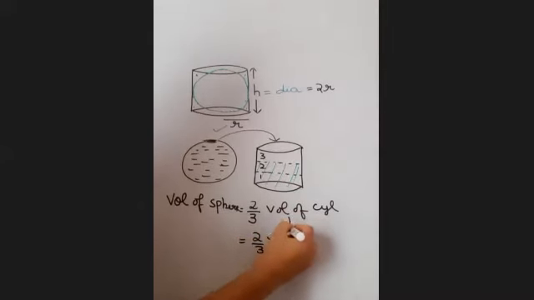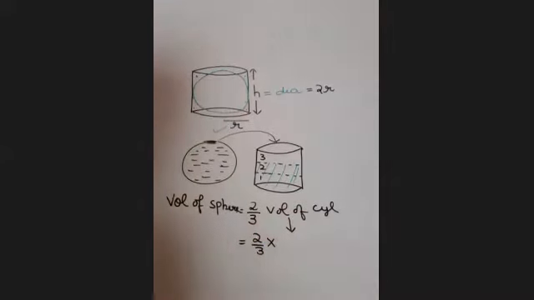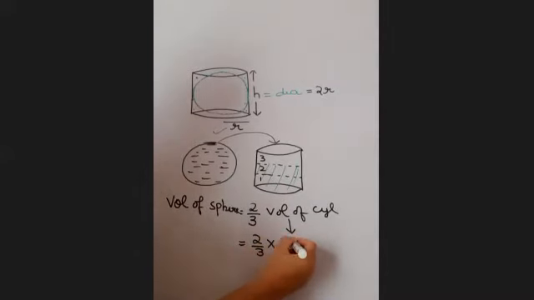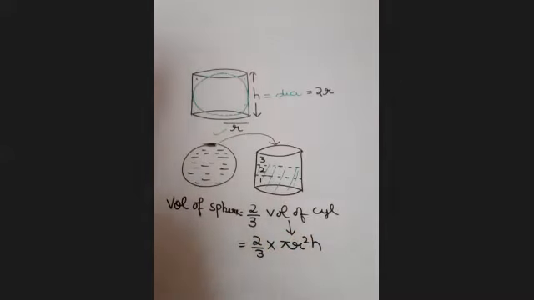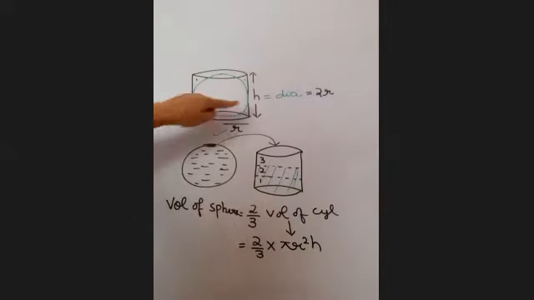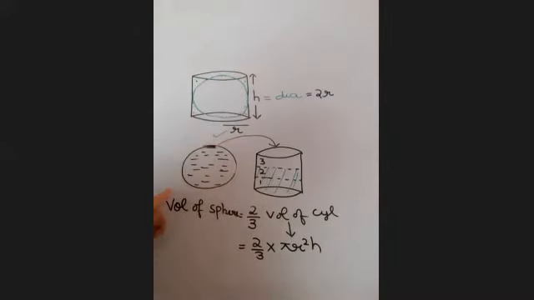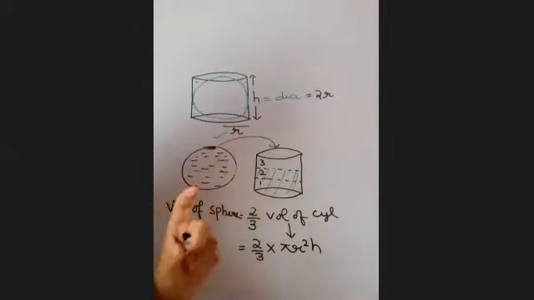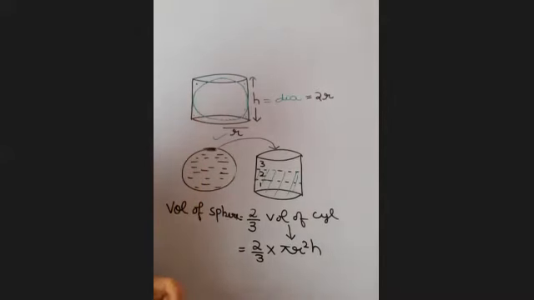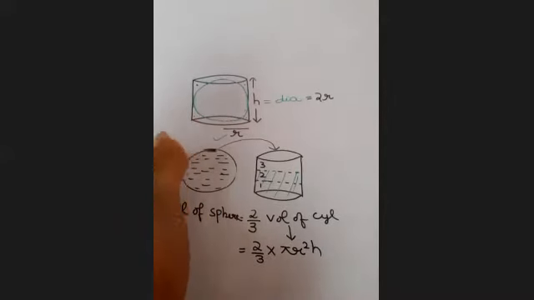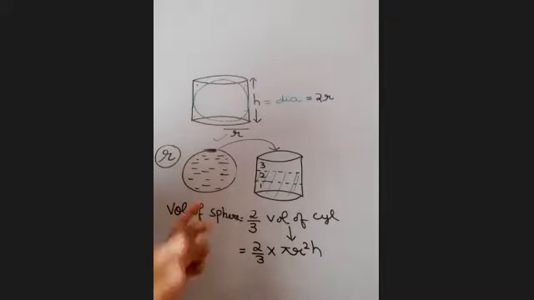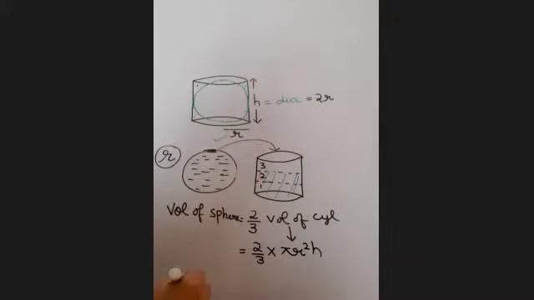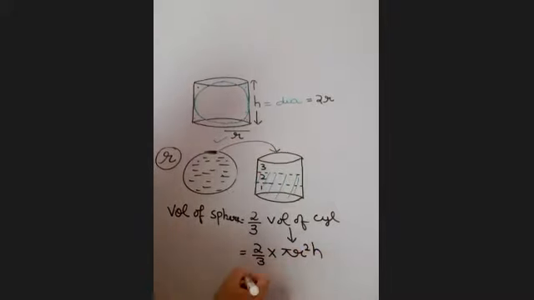And what is the volume of the cylinder? Pi r square h. But children, when we talk of a sphere, the only variable we have with us is r. Do we talk of the height of a sphere? No, ma'am. So this height we will replace.